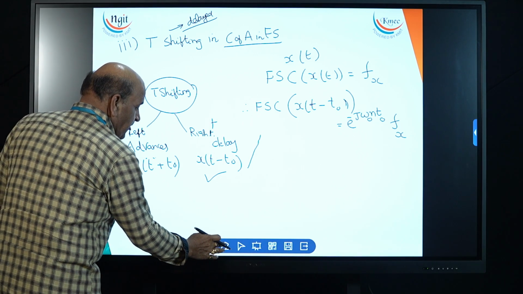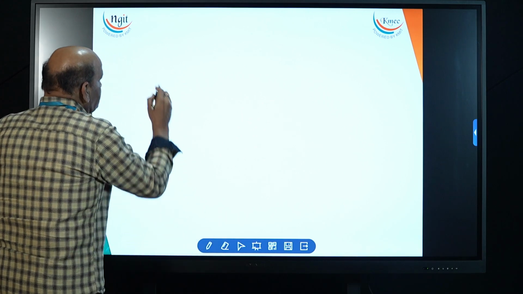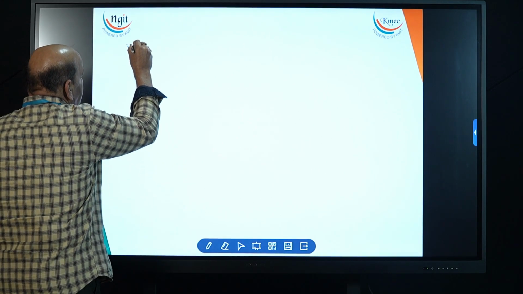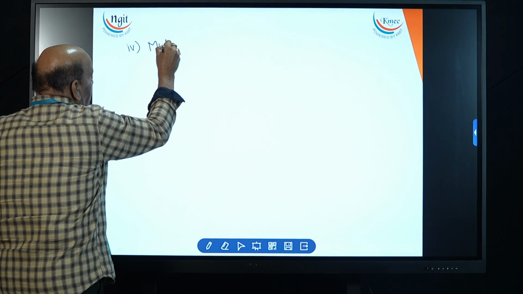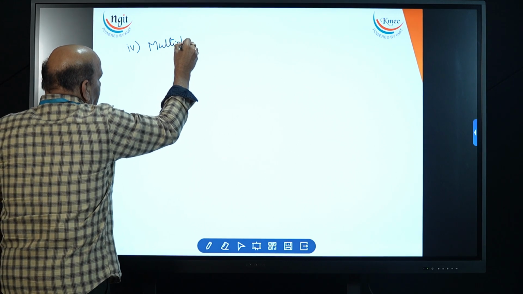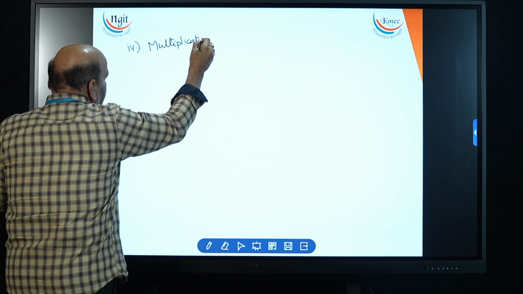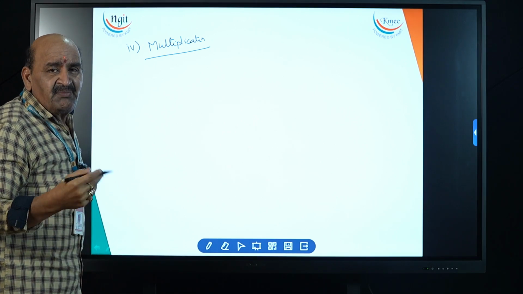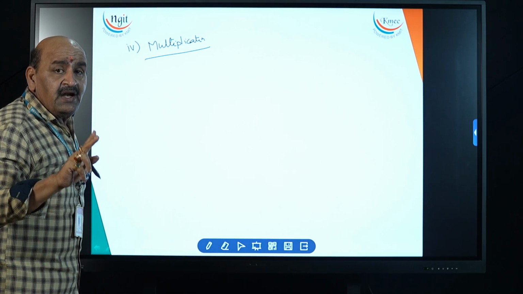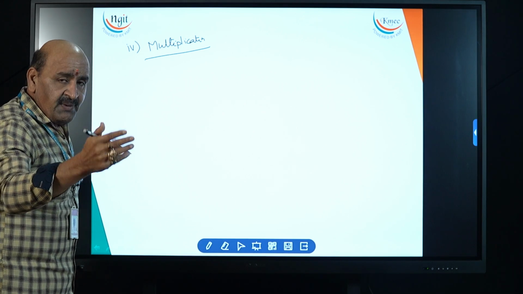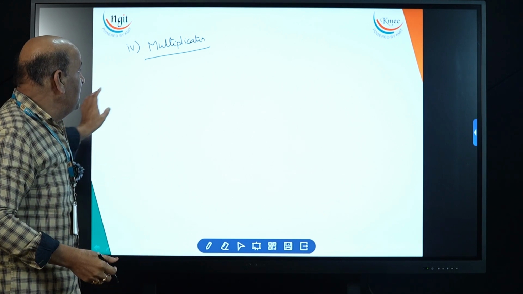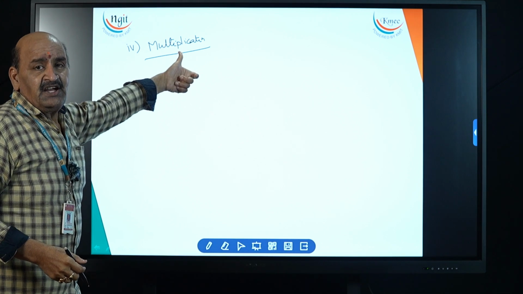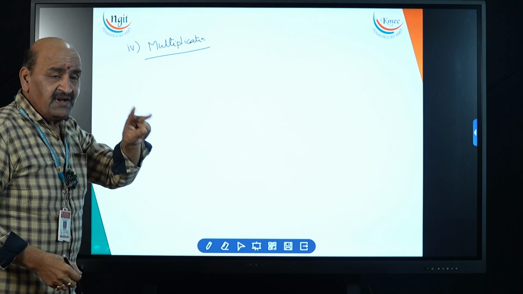Now the next property, very important, is multiplication. In arithmetic, whether it is multiplication, addition, subtraction or division, we need a minimum of 2 integers. The same concept we apply here. Whenever we use the concept of multiplication, we need a minimum of 2 signals.